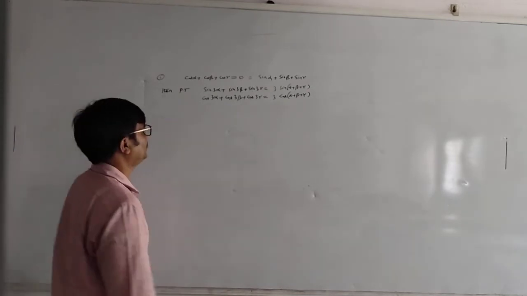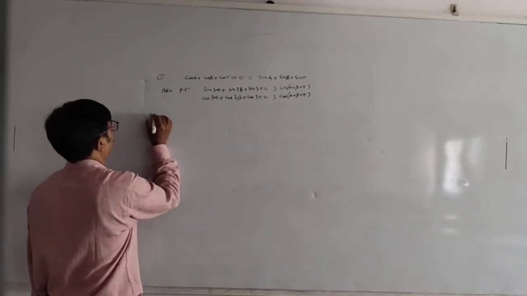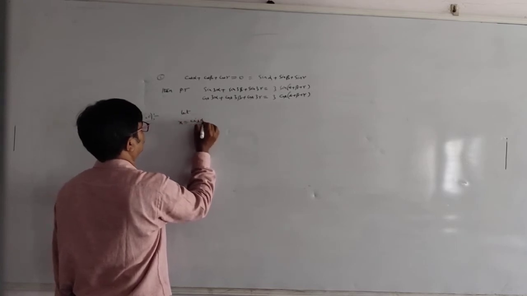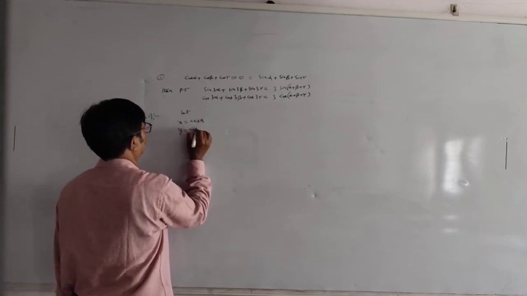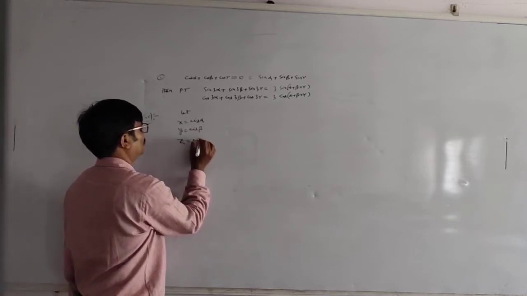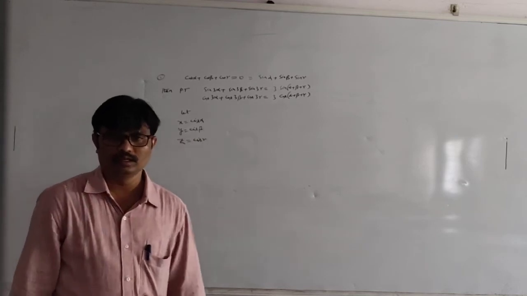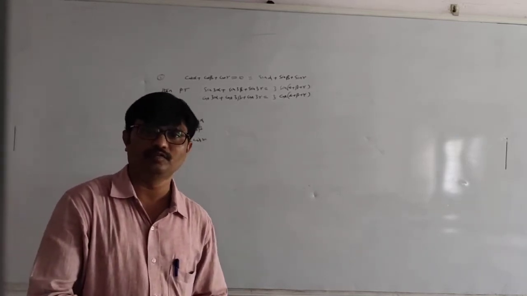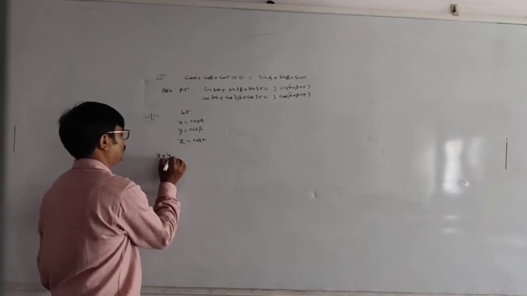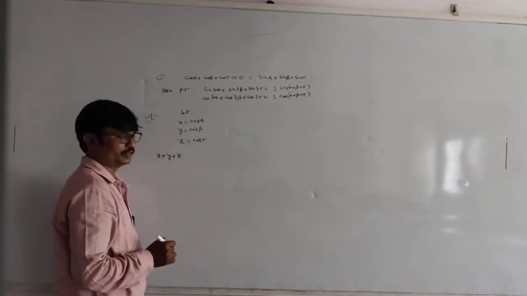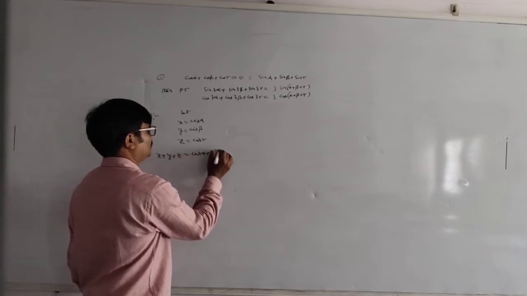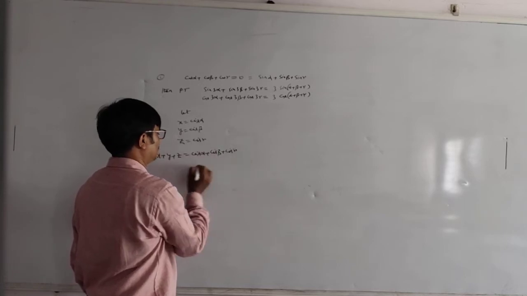So students, just now we take x equal to cis alpha, y equal to cis beta, z equal to cis gamma. Therefore x plus y plus z is cis alpha plus cis beta plus cis gamma.